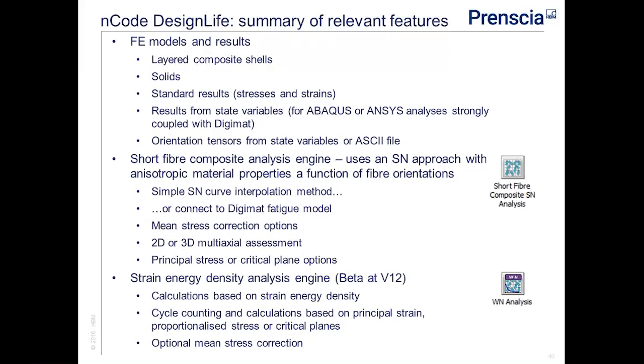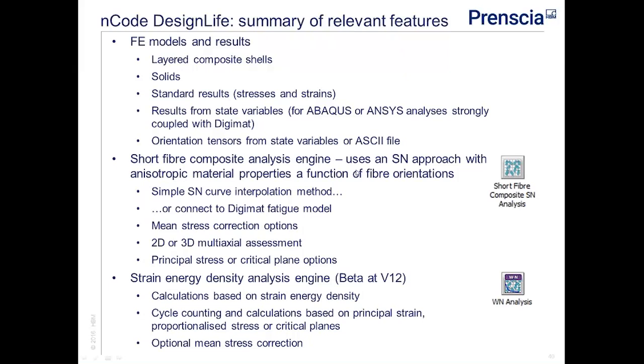This is still a beta test version at version 12. We'll be making a full release of it as soon as we have a little bit more data to back it up. I'll give you more details of both these engines in a minute, but there are also a couple of pre-configured glyphs available.